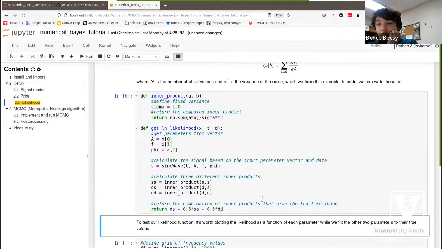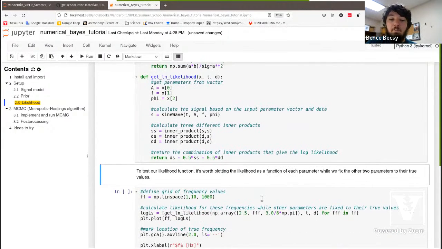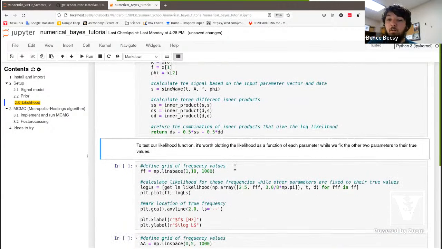Yeah, and so before going into building MCMC for this, it's a good idea to have some consistency checks for the likelihood as well. What you can easily do with this small number of parameters is just define a grid, let's say in frequency, which goes over the whole prior range.